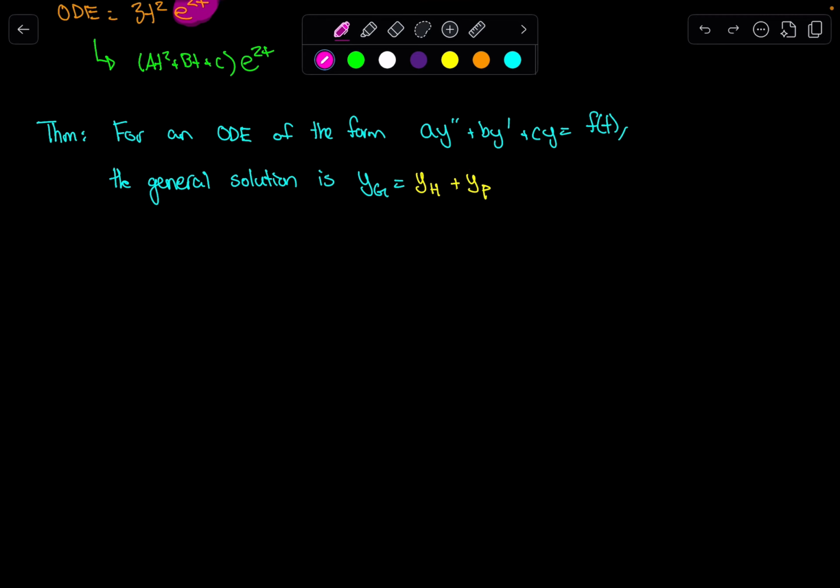Well, let me give you a practical answer, and then I'll give you an example as to why. The practical answer is, if I plug the homogeneous solution into this differential equation, what am I going to get out? I get out 0. And if I take the particular solution and plug it into this differential equation, I'm going to get out f of t.